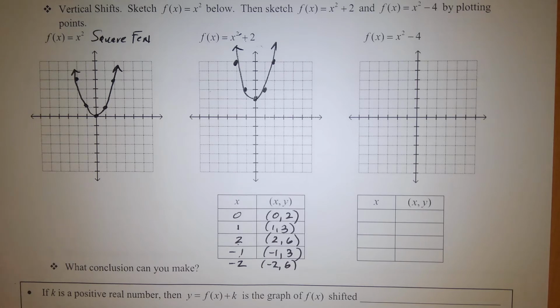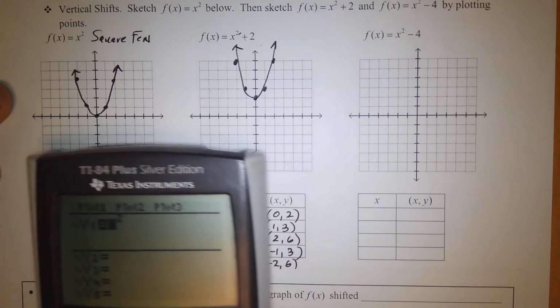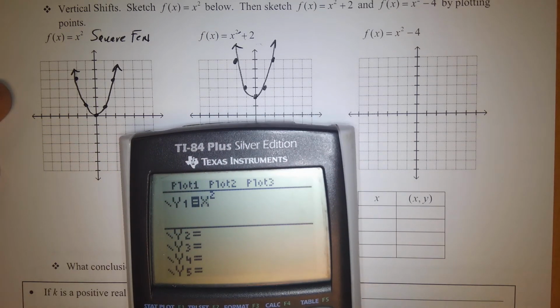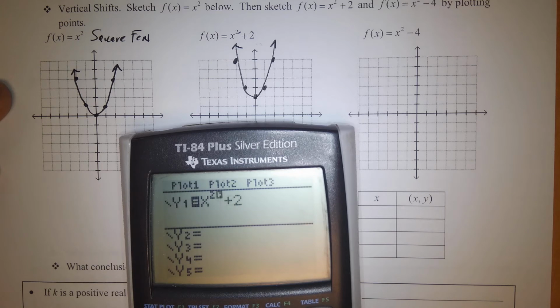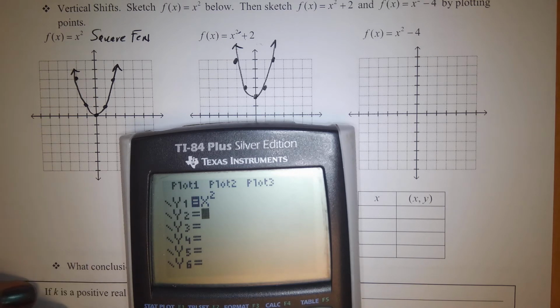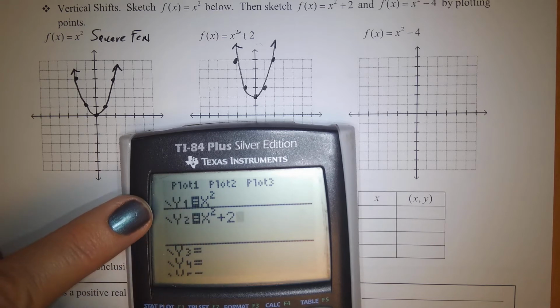We can also graph it with the graphing calculator. If I go back to my y equals, I can turn that x squared into x squared plus 2 by just adding 2 to it. Let me put them both on here: the original x squared, then x squared plus 2, and I'll draw them in order.